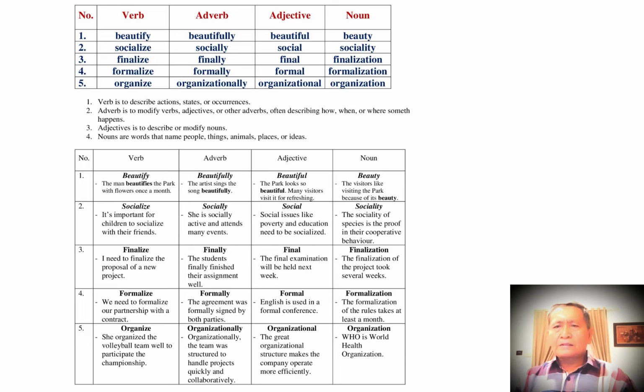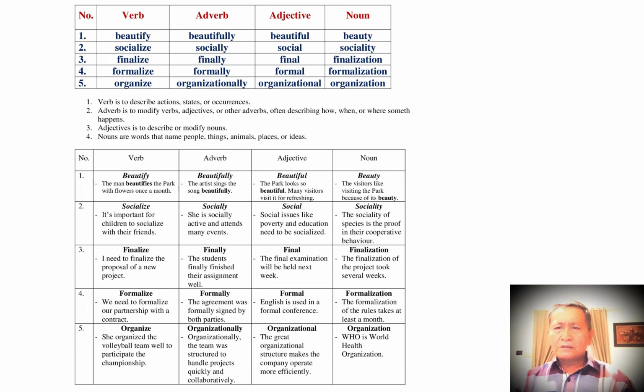Look at the examples of the sentences using the correct parts of speech of the word. Number 1, beautify is a verb. The sentence is, the man beautifies the park with flowers once a month. Beautifully, adverb.